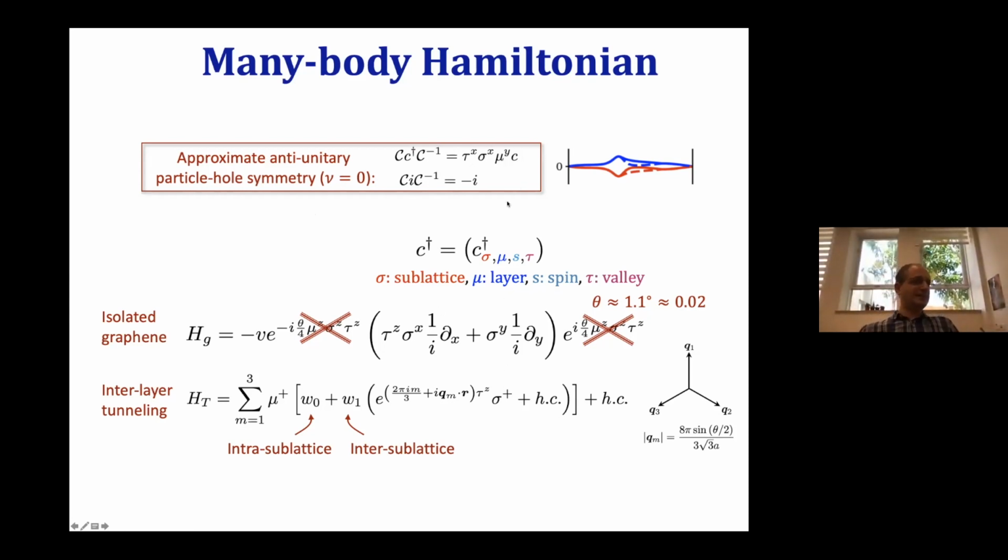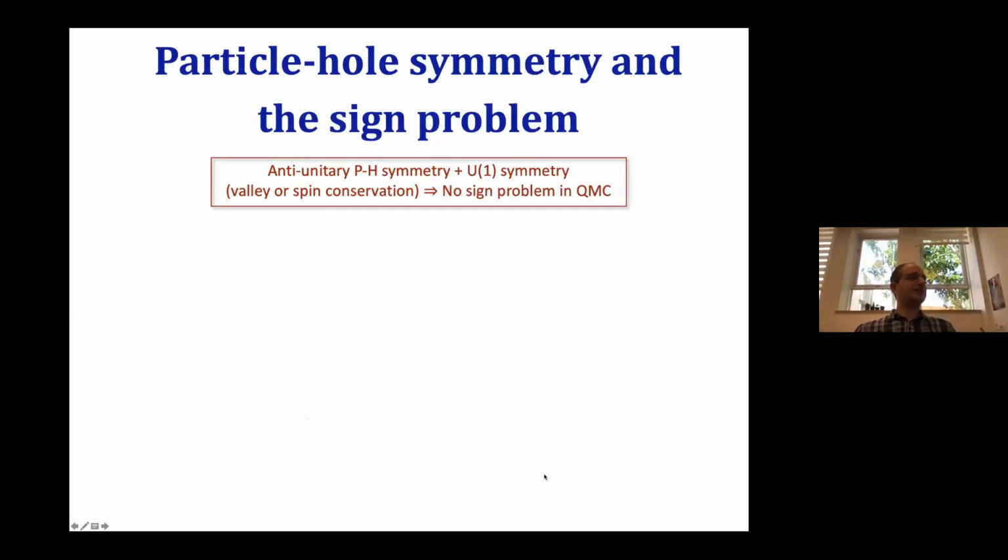And why is this useful? It turns out that this kind of particle-hole symmetry is exactly what you need in order to prevent the sign problem in quantum Monte Carlo. It's well known to practitioners that if you have such a many-body anti-unitary particle-hole symmetry and a U(1) symmetry, which in our case would be either valley or spin conservation, then you don't have a sign problem in quantum Monte Carlo.